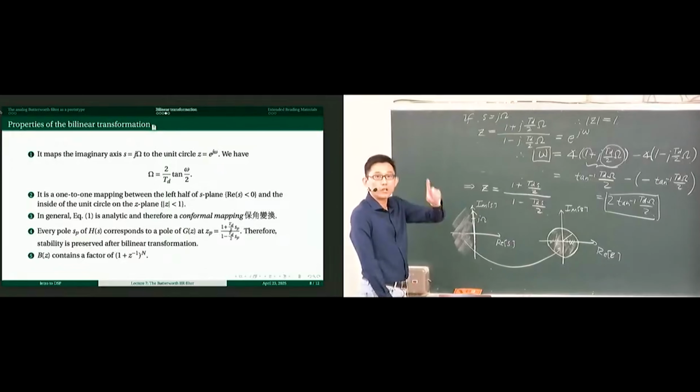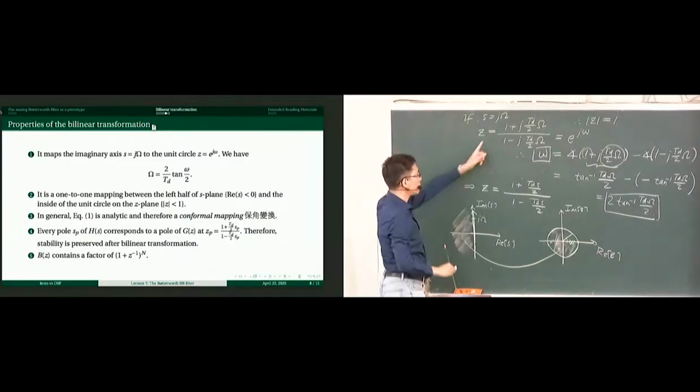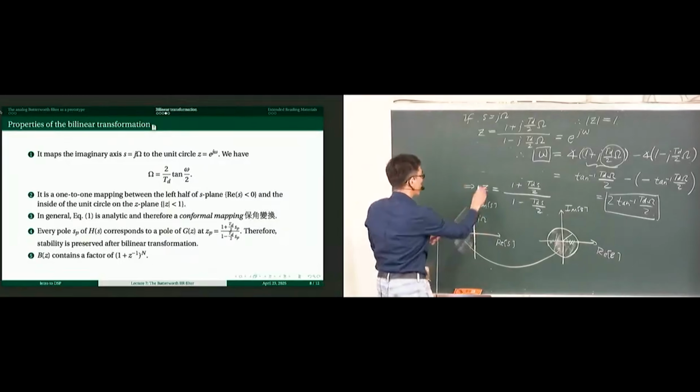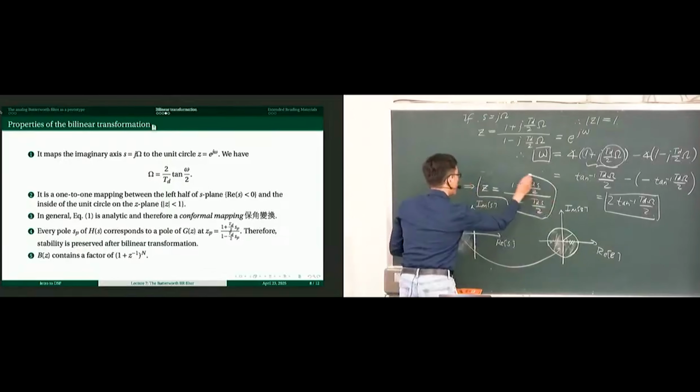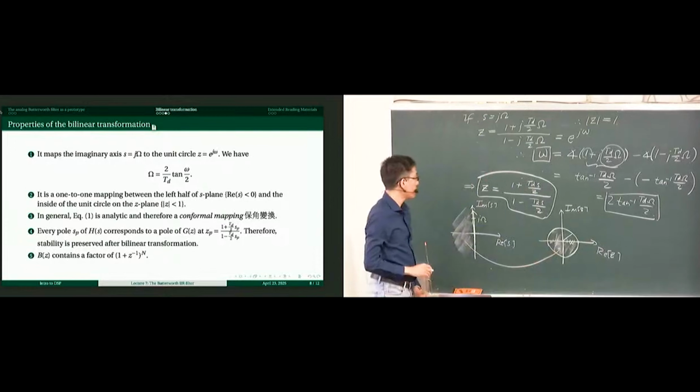I say orientation of contour. 那个轨迹啊，它可能有一个方向性啊。Orientation. How do we explain? So we know that S is a function of Z, or Z is a function of S here. Okay? Z as a function of S, going from S to Z domain.